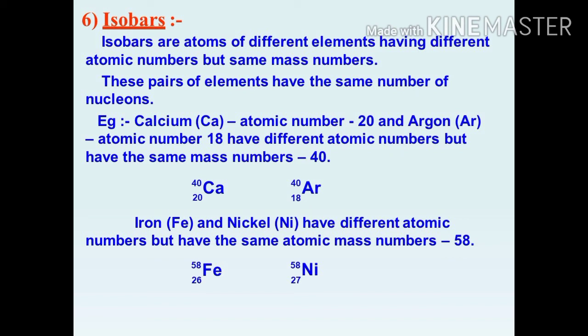Then what is the neutron number of iron? 58 minus 26. What's the answer? 32. Then the number of neutrons of nickel is 58 minus 27.